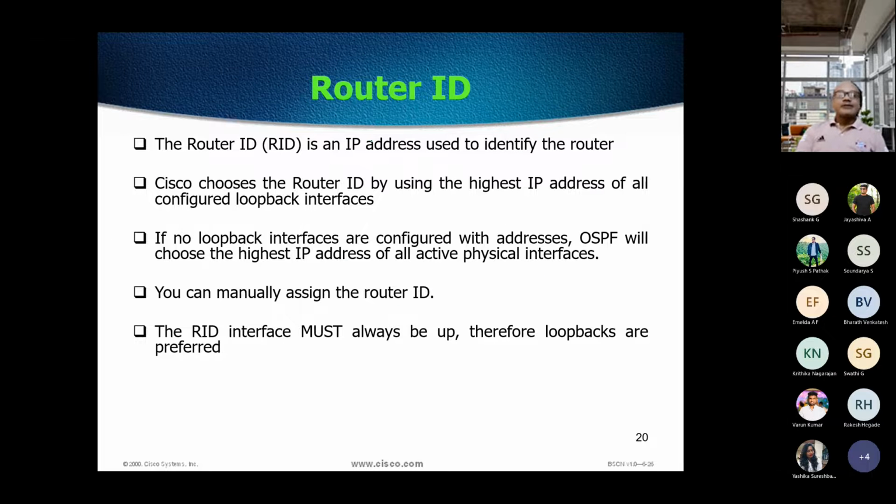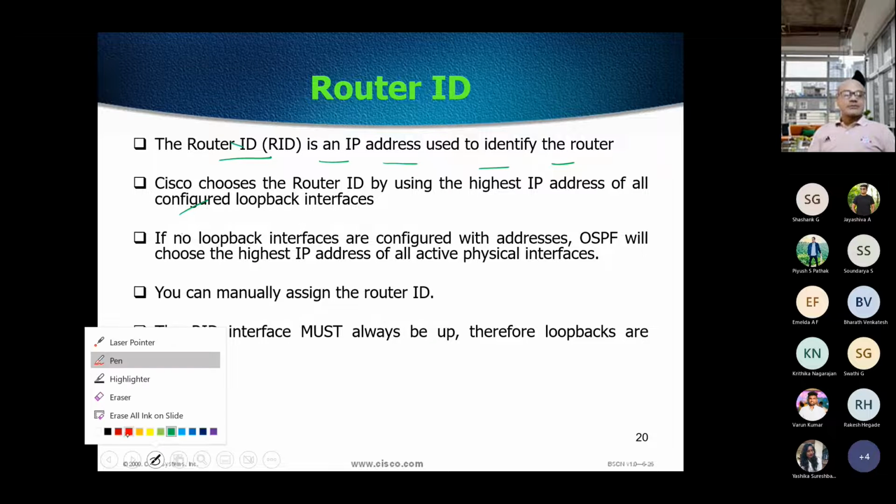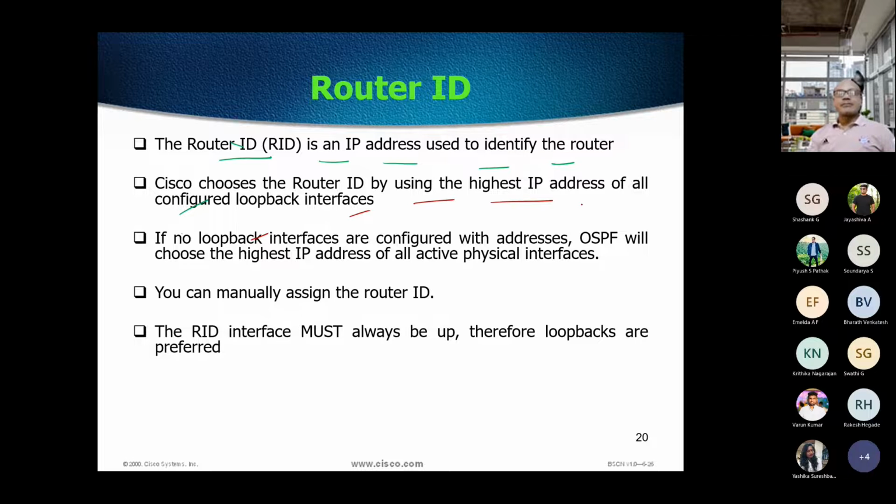So what is the router ID here? Your router ID is an IP address used to identify the router. Cisco chooses the router ID by using the highest IP address of all the configured loopbacks.